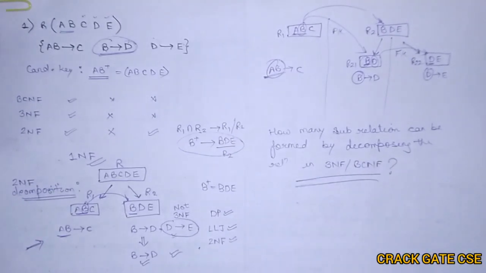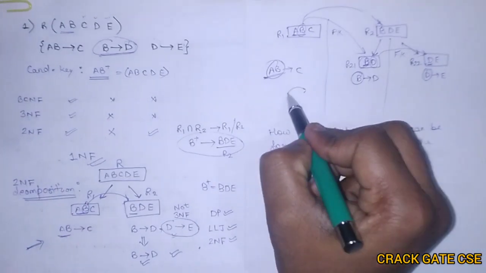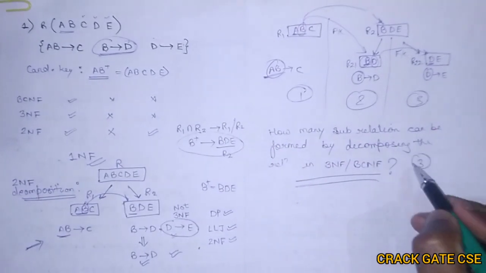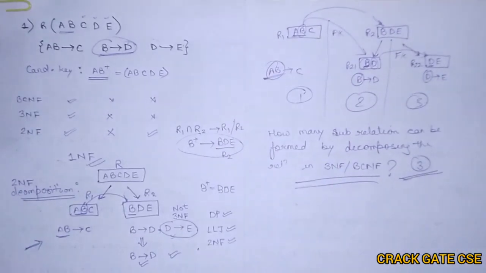So what will be the answer to this question? See, there are three different relations: 1, 2, 3. So you can answer that 3 is the right answer for such a question. This kind of question can come in your exam.